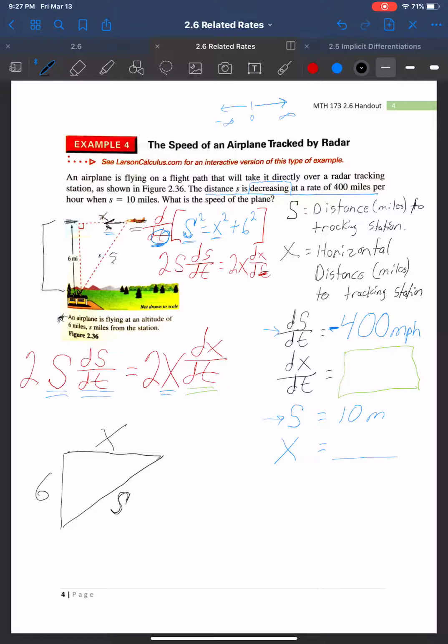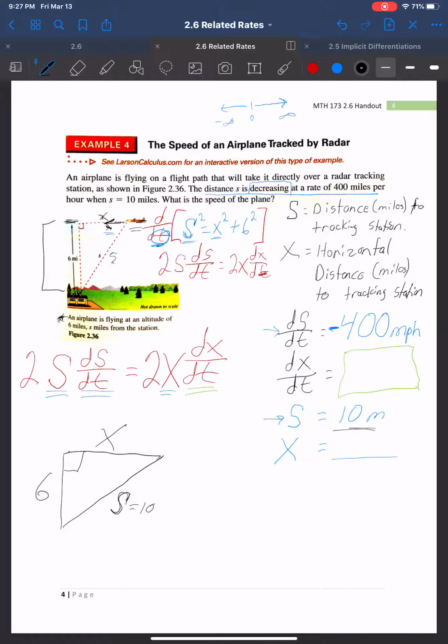Well, if you give me 2 of the 3 sides of a right triangle, I can solve for the third. That's no problem. Do they give us a second side? Well, they do. They tell us that s is equal to 10.